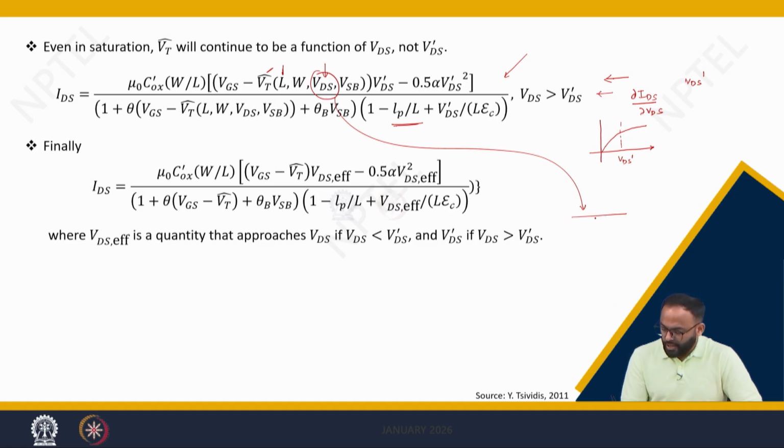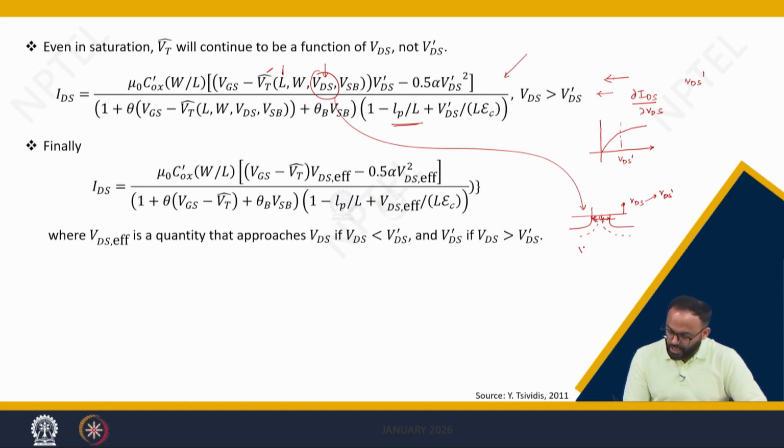What we said is, if VDS is not enough to reach the value of VDS dash, then also, because of the channel length being small, there is a significant amount of depletion region, and hence the drain field penetrates through the channel and reaches the source channel barrier. Thus the DIBL effect is available beyond the pinch off also, correct.